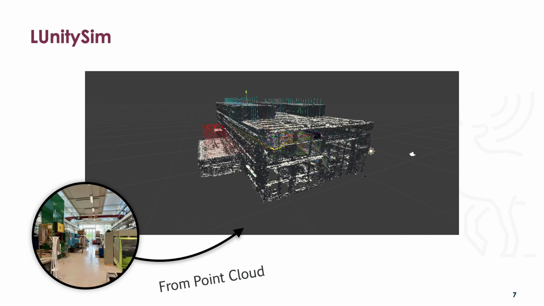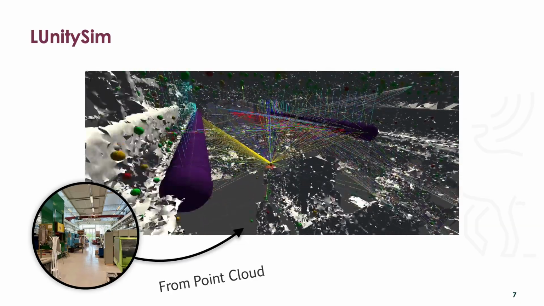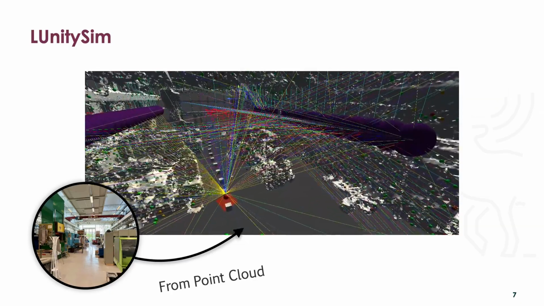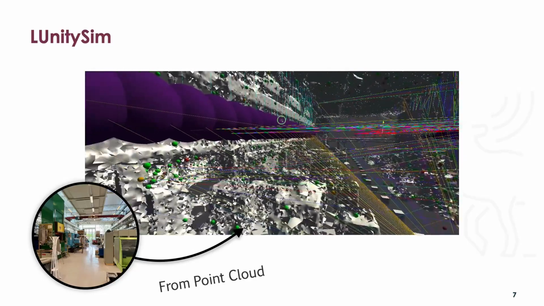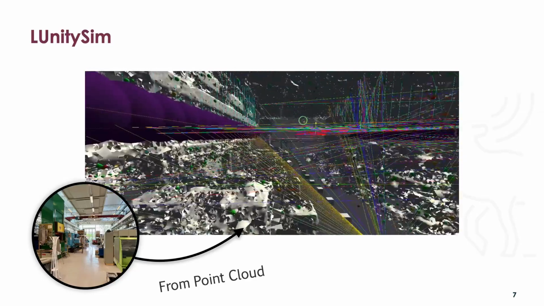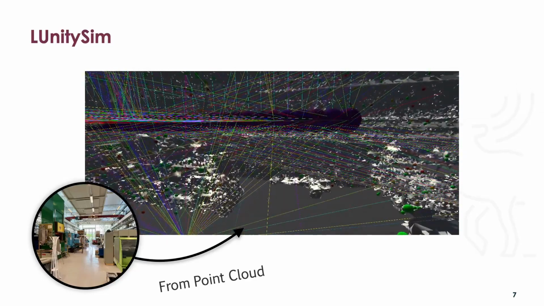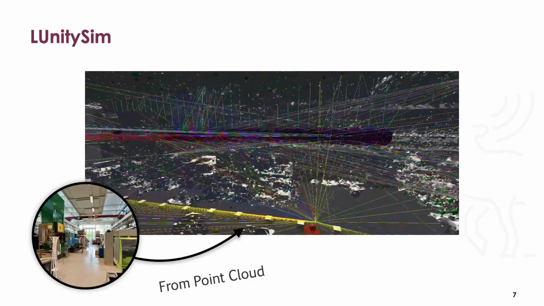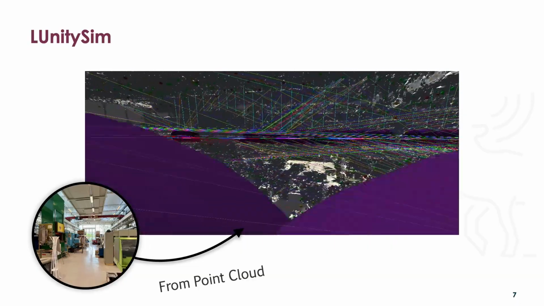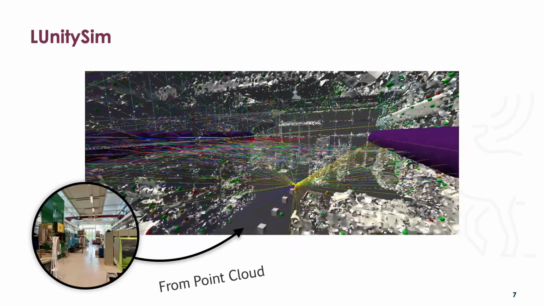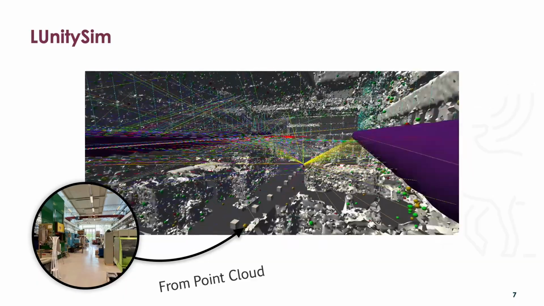So here you see an example of an industrial environment that's been imported into the simulation framework. And you can see here the simulation has been paused, and we can pan around. The purple dots on the walls are CSPs, and they're distributed.